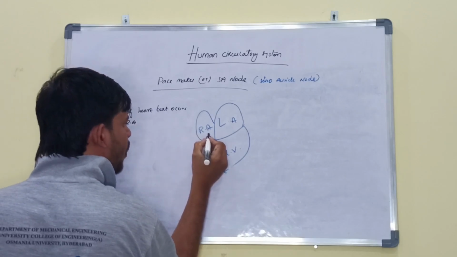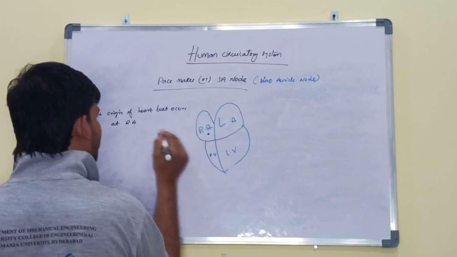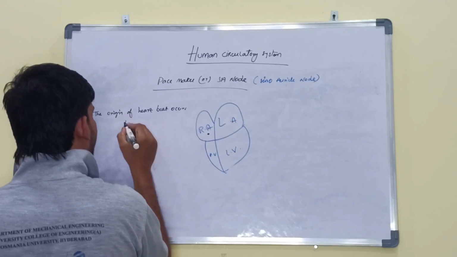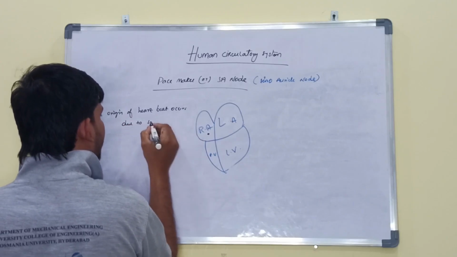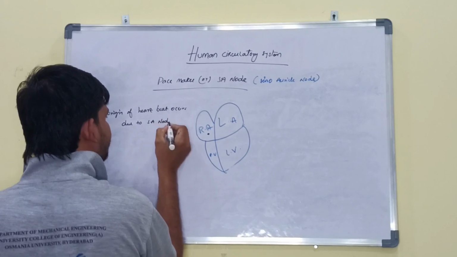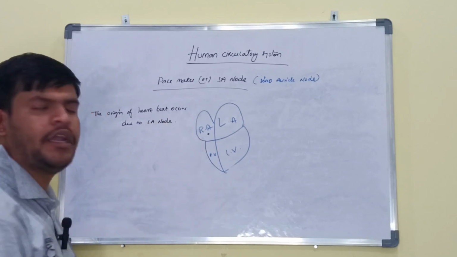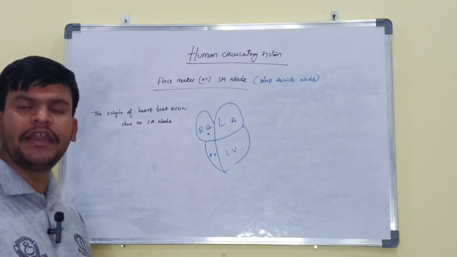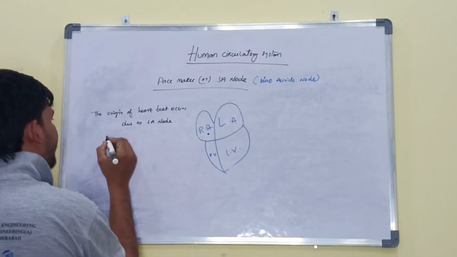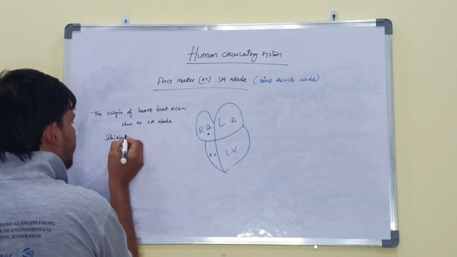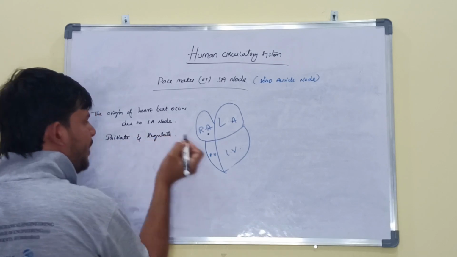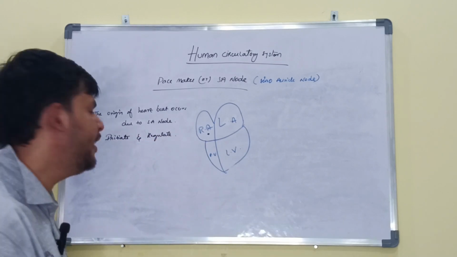Here the sino-auricular node is present. The function of the sino-auricular node is to initiate and regulate the heartbeat. That means it will initiate and regulate the heartbeat.